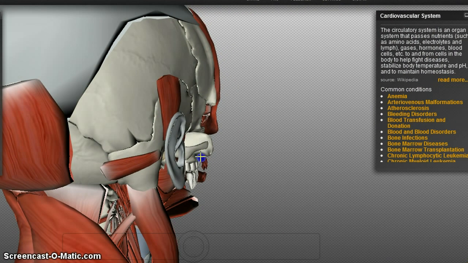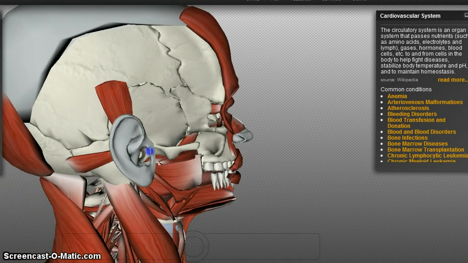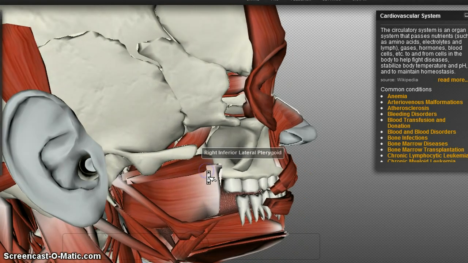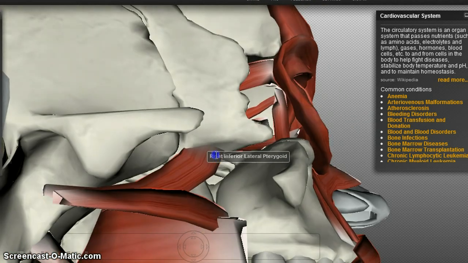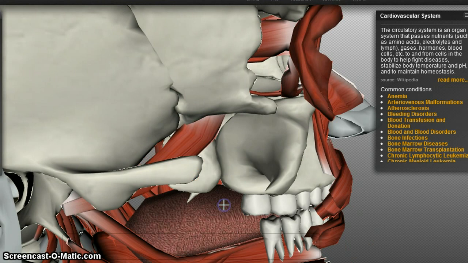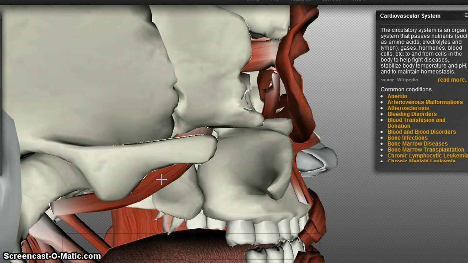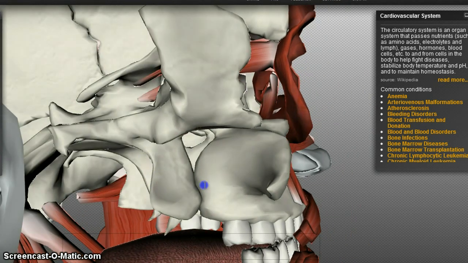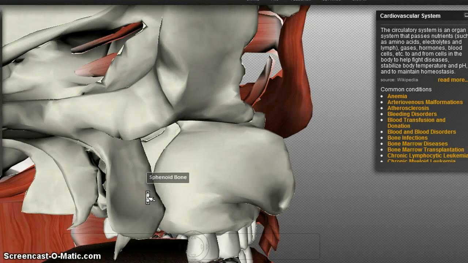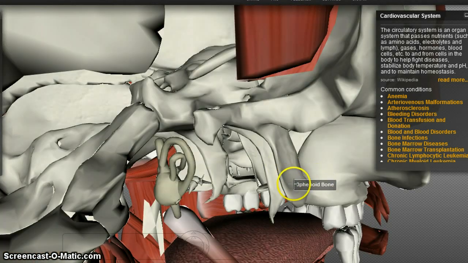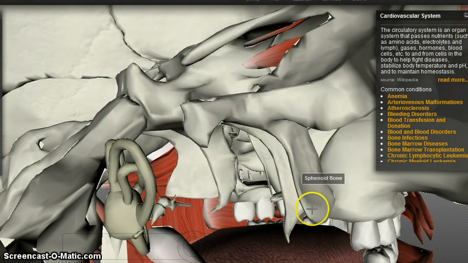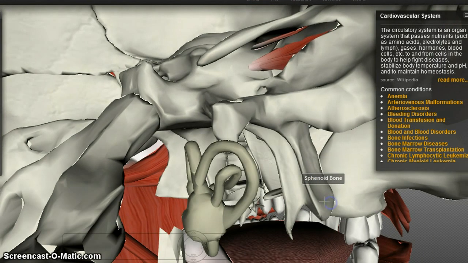You can't really see this perfectly because the model isn't that brilliant, but I can show you where it does originate. If I dissect this away, you can see that this is the lateral pterygoid plate. The lateral surface is here, whereas the medial surface is around here.